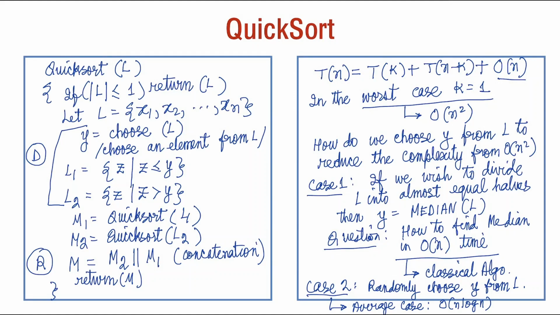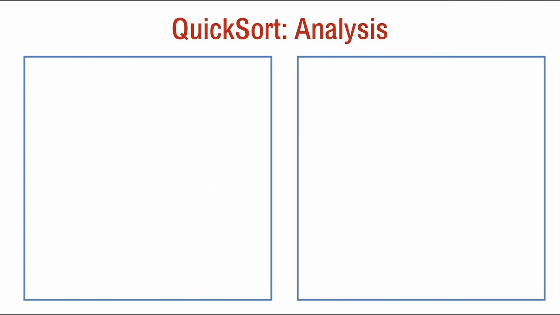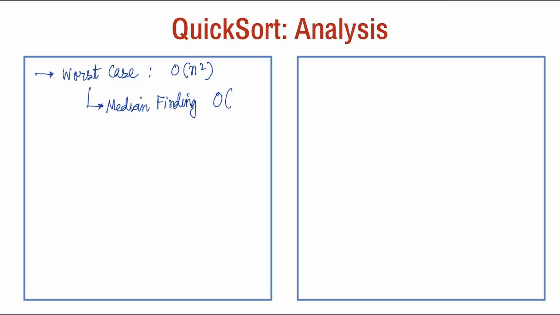Quicksort is a very fantastic algorithm because it has a detailed implementation. Worst case can be order n squared, or by using median finding in order n time, we can get an order n log n algorithm.